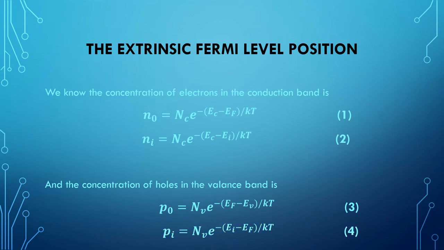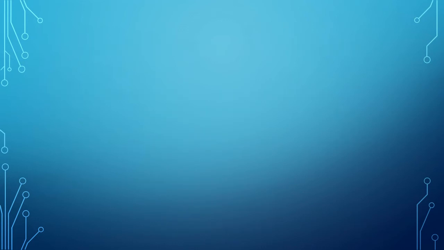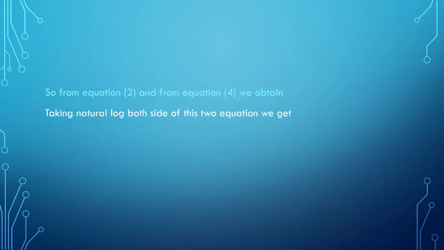Therefore, from equation 2 and equation 4, what do we obtain? Taking the natural log on both sides of equation 2 and equation 4, we get EF equals EI plus kT ln N0 divided by ni.